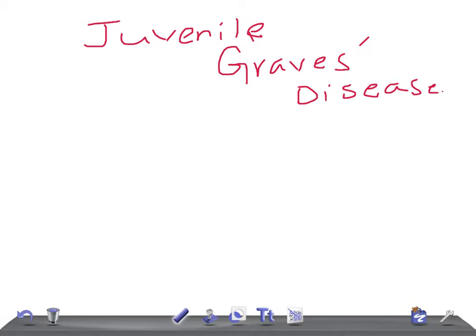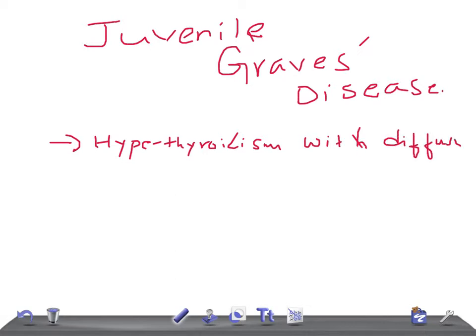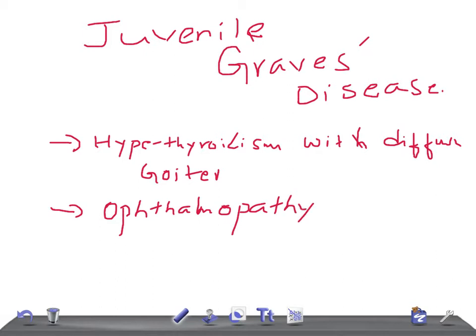So it has a triad known as hyperthyroidism with diffuse goiter, and the patient will have ophthalmopathy and dermopathy, which is nothing but involvement of the skin.